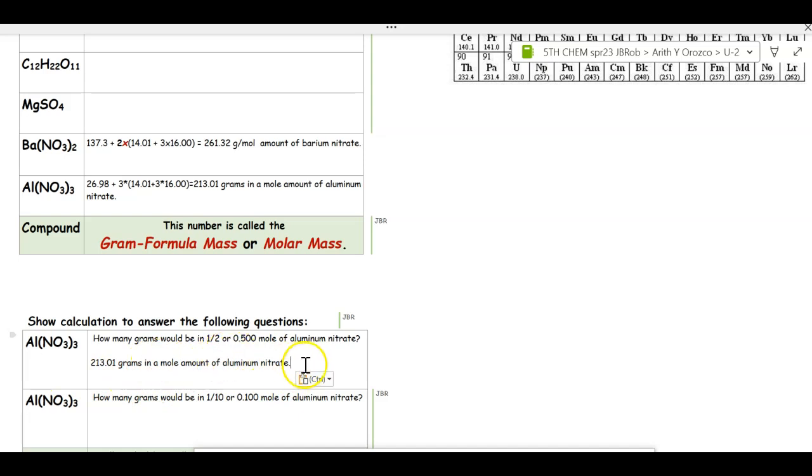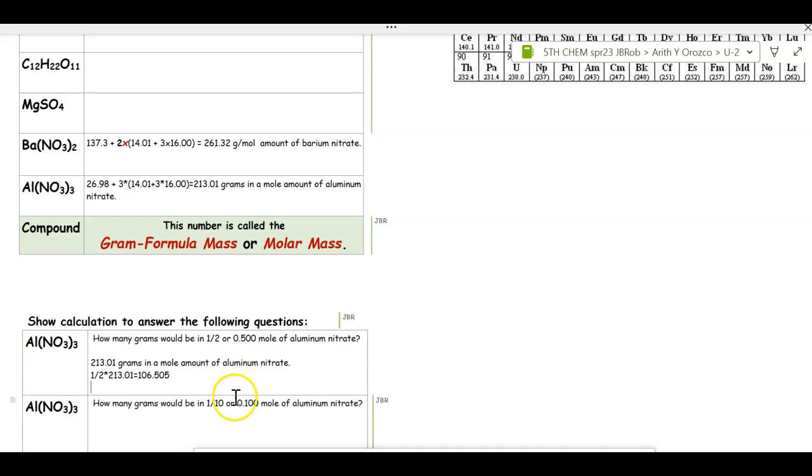It says how many grams would be in half of a mole. Well, 1/2 times 213.01 equals, let's see if it will calculate. Yeah, grams in a half mole amount.